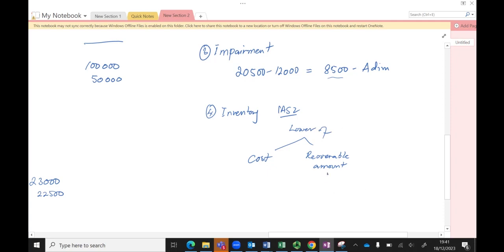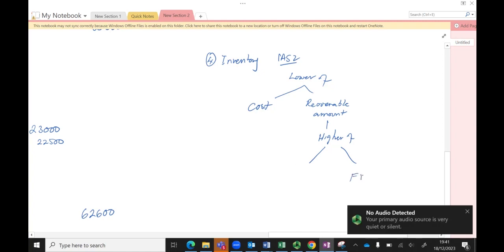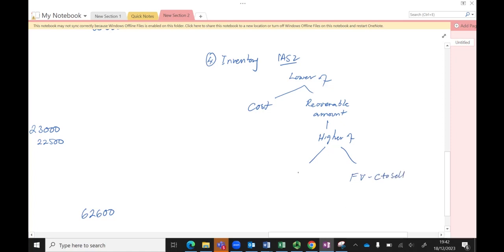Over here we need to take the higher of fair value less cost to sell, and value in use.